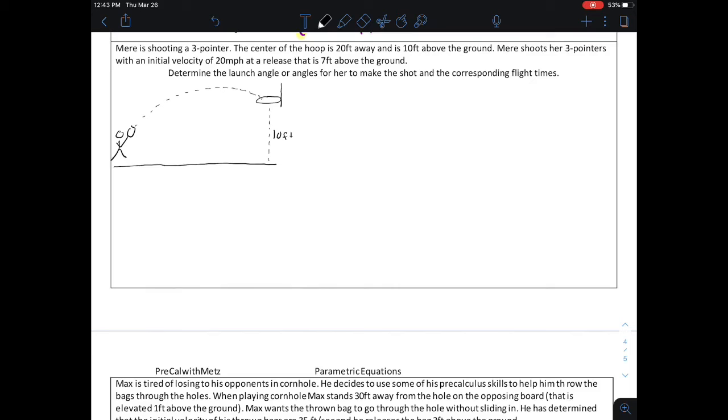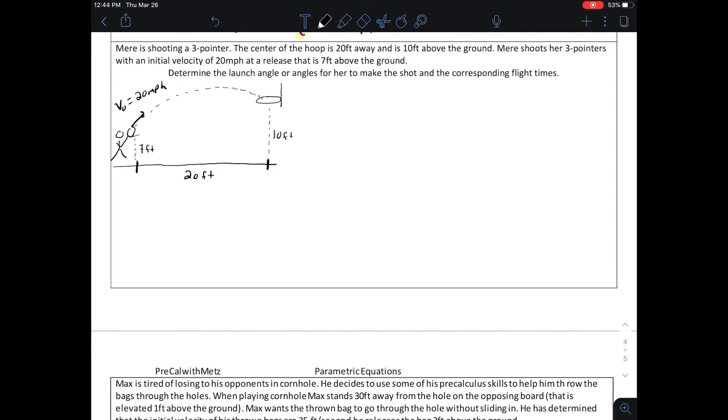Now we do know that the distance along the horizontal from the center of the hoop to the release of the shot is exactly 20 feet away along the horizontal. And that the initial velocity of this shot is 20 miles per hour. And that the release height of the basketball is 7 feet off the ground.